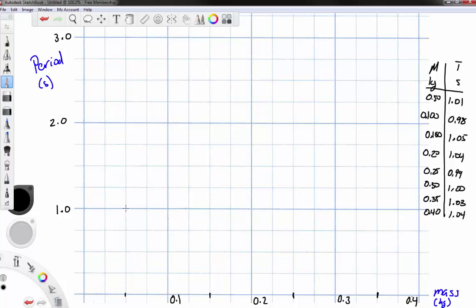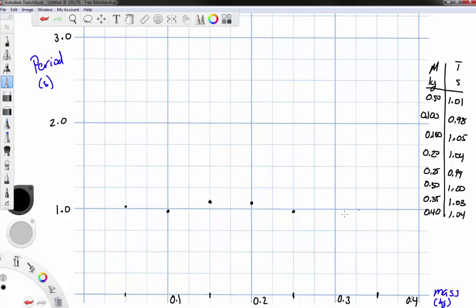So for 50, we'd have maybe just a little bit above that 1. And then for the next one, we're a little bit below. At 150 grams, I was a little bit above. At 200 grams, I was also just a little bit above. At 250, I was just a tad below.